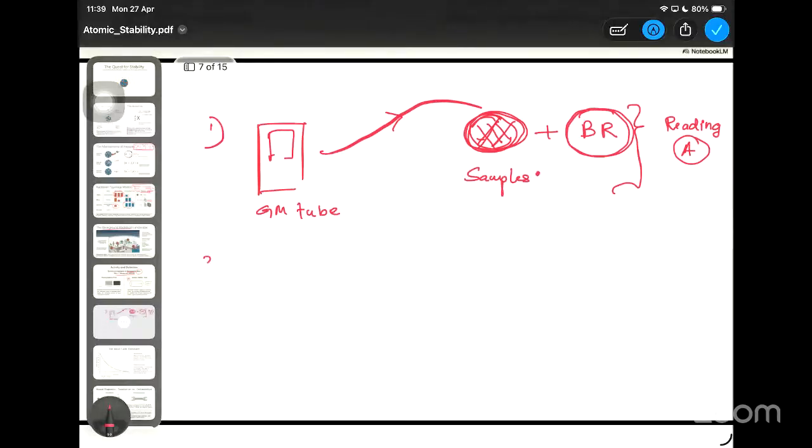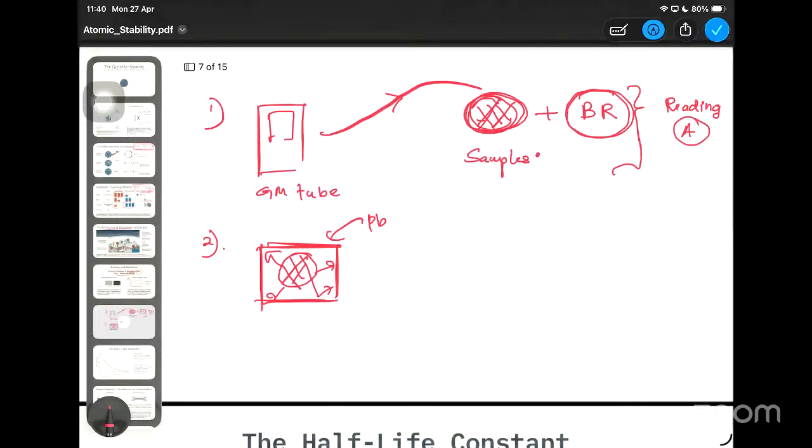So in order to do that, we are going to enclose this sample, right? This is emitting different sorts of radiation, but we are going to contain it. In order to contain it, we can use lead or some similar blocking material, right?